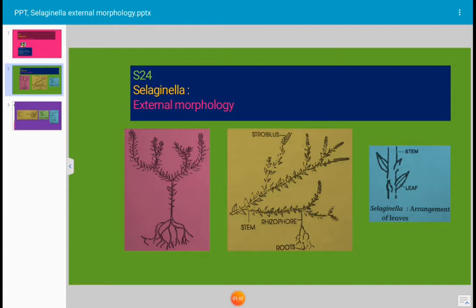Leaves are spirally arranged, equal in size. And in Heterophyllum type of Selaginella, the stem is prostrate with erect branches, and that is having two types of leaves. Some leaves are smaller, some leaves are large in size. There are dimorphic leaves.